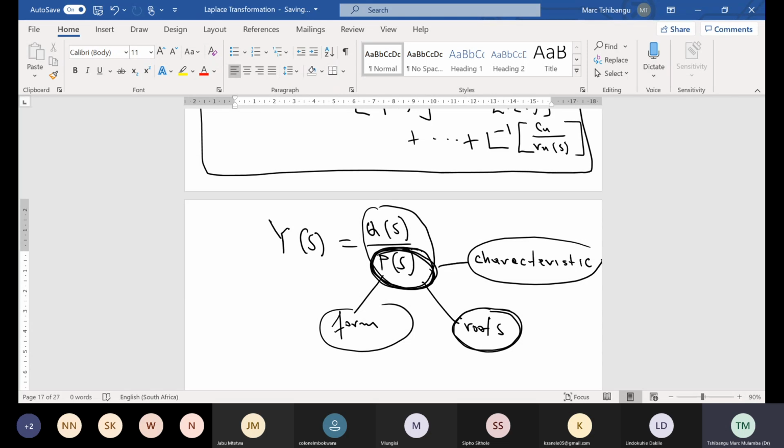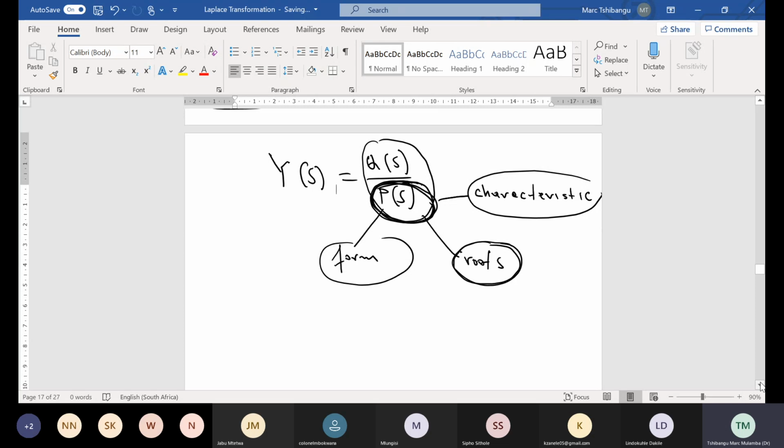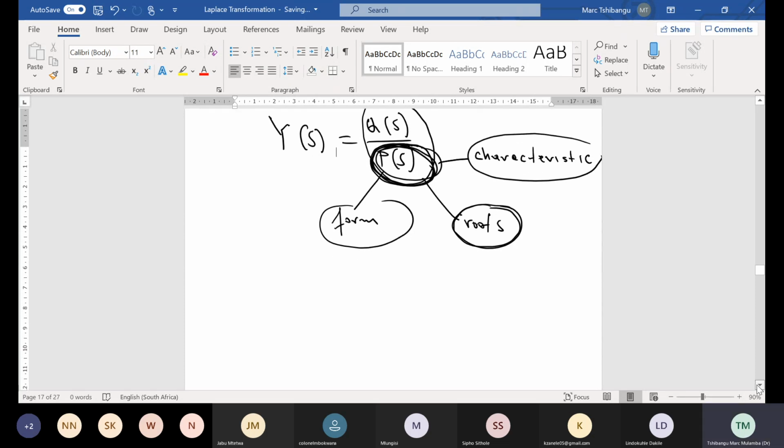And number two, the polynomial could have multiple roots. So we're going to look at the most likely case that our characteristic equation is likely to exhibit. So two cases are distinguished.